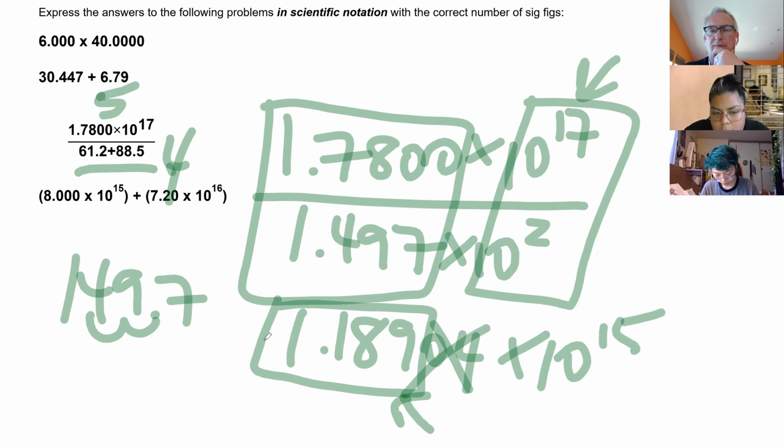So we did the adding and subtracting separately. If we put this in a calculator, you'd have to put brackets around it.